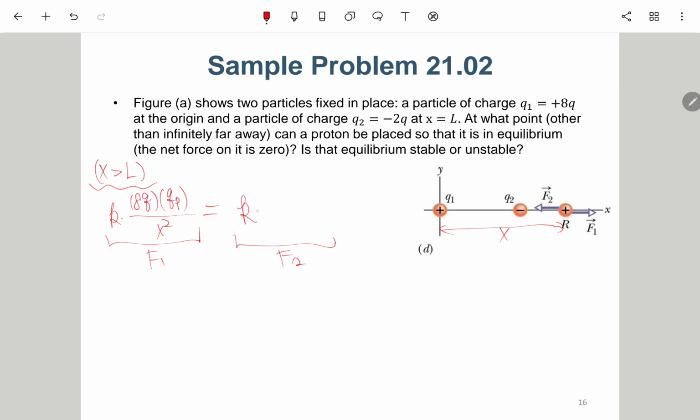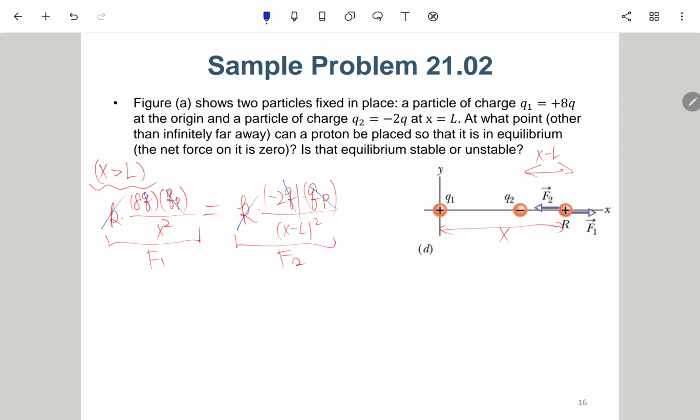F2 is also K times the absolute value of negative 2Q, times QP, and the distance between Q2 and the proton is X minus L, so this is (X minus L) squared. We can cancel the K, QP, Q, and most of the stuff.